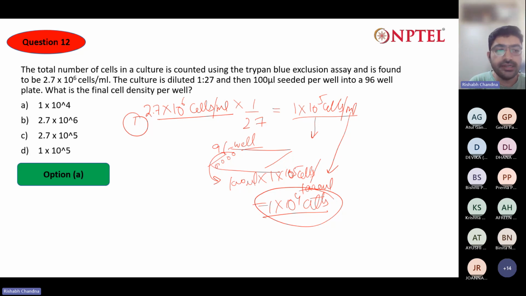So this calculation is very important in your day-to-day cell culture experiments. Are there any doubts in this question? If not, we'll move on to the next question.